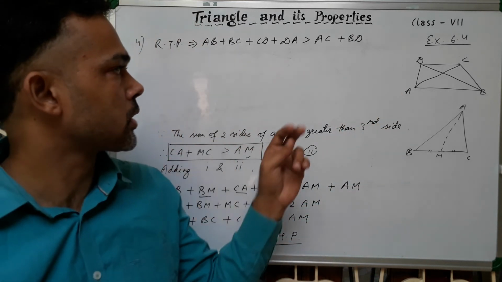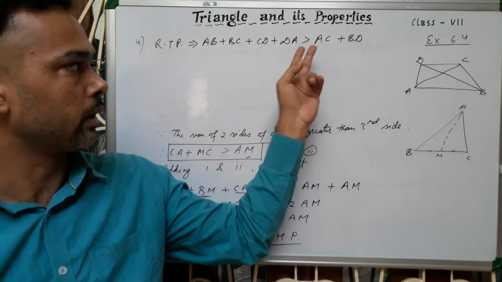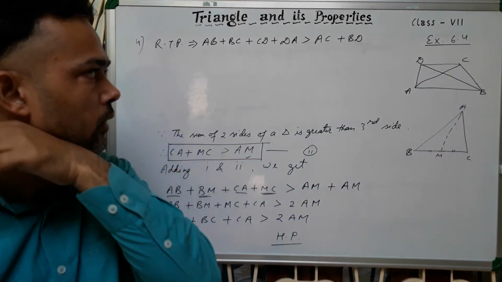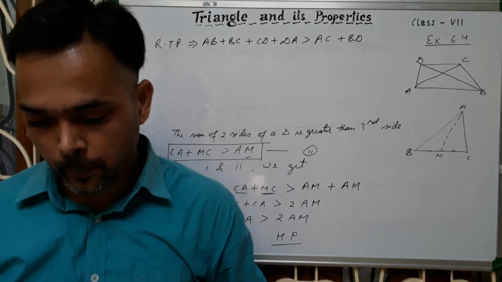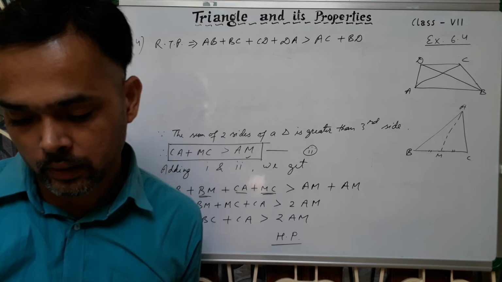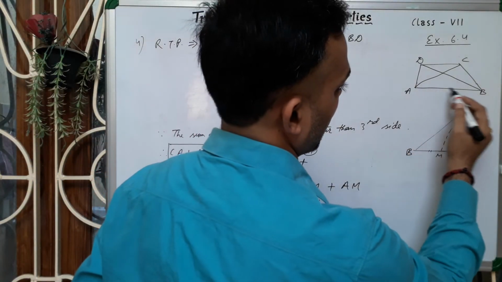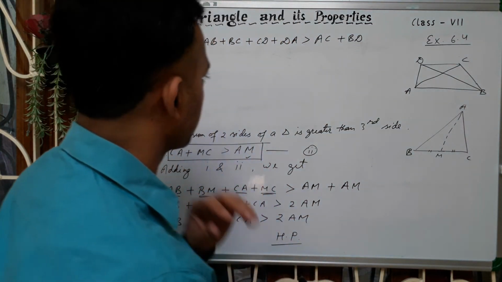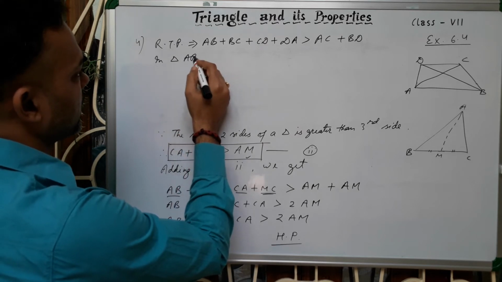Now what you are observing over here is that towards this side you are finding the two diagonals AC and BD, and these are the two diagonals of this figure, that is the quadrilateral. That is why what we will be doing is, we will be first taking triangle ABC. Okay, so let us take in triangle ABC.